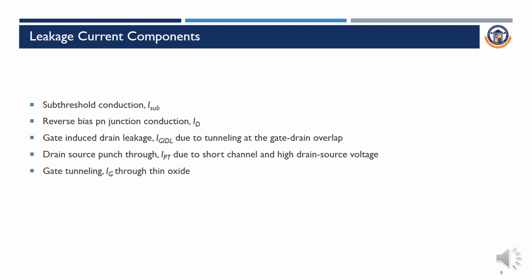These are the different components of leakage current. First one is subthreshold conduction. Next one is reverse bias PN junction diode conduction, called ID. Then gate induced drain leakage, IGIDL, due to tunneling at the gate drain overlap. Then drain source punch through, and gate tunneling, IG, through the thin oxide.